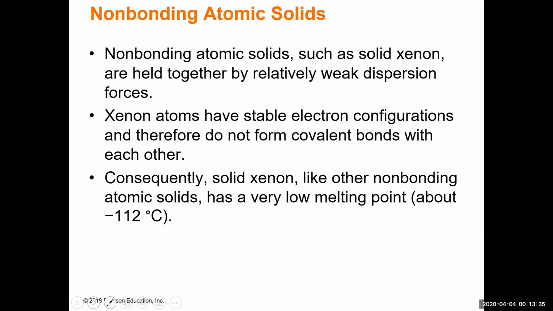With our non-bonding atomic solids, such as solid xenon, they're held together by relatively weak dispersion forces. Xenon atoms have stable electron configurations, and therefore they do not form covalent bonds with each other.